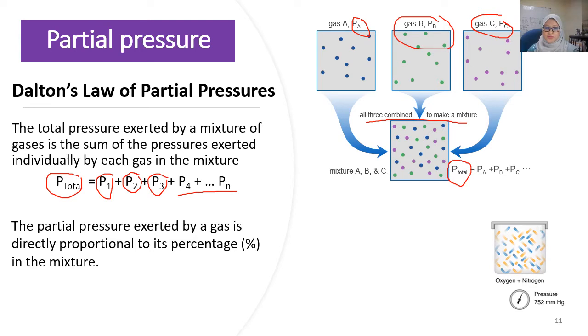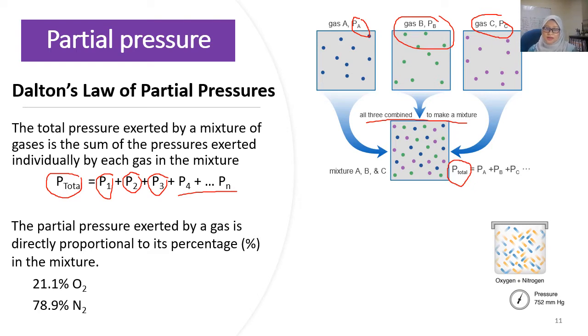For example, this container contains a mixture of oxygen and nitrogen, with a total pressure of 752 mmHg. If this mixture contains 21.1% of oxygen and 78.9% of nitrogen, what is the partial pressure of each of these individual gases?